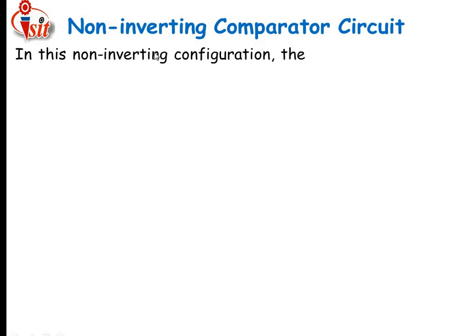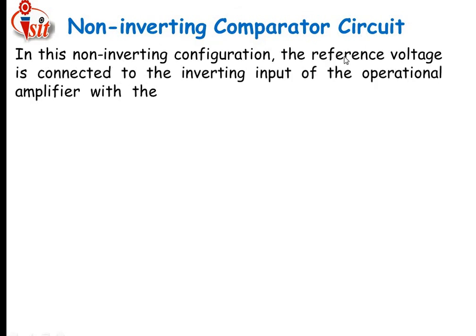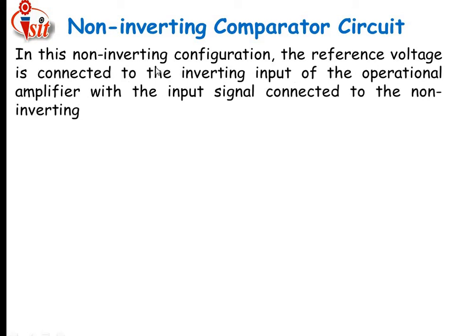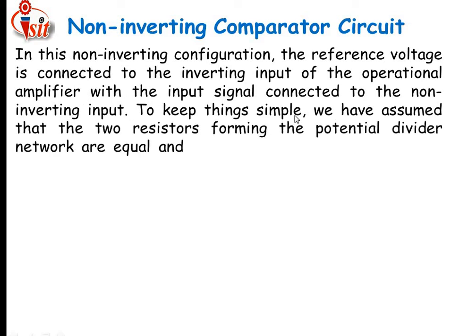Then, continuing with the non-inverting comparator circuit. Just see, in this non-inverting configuration the reference voltage is connected to the inverting input of the operational amplifier, with the input signal connected to the non-inverting input.